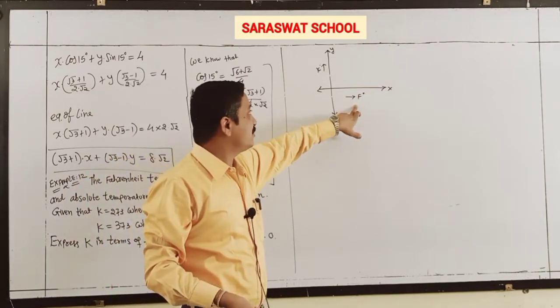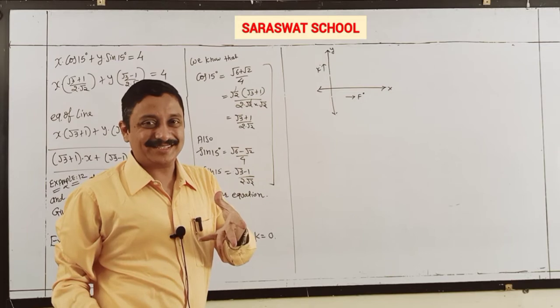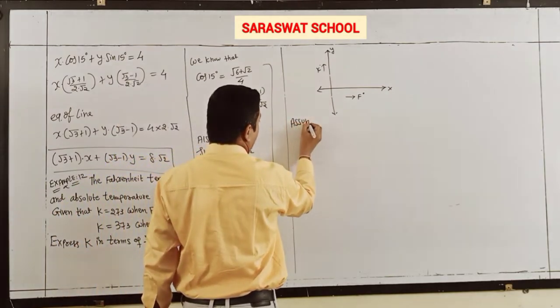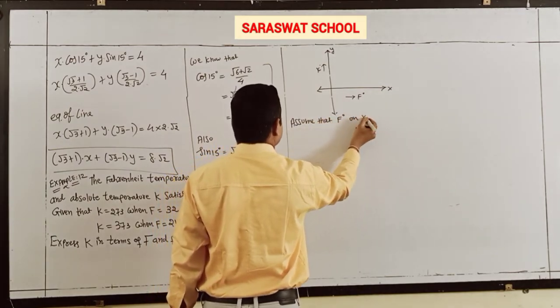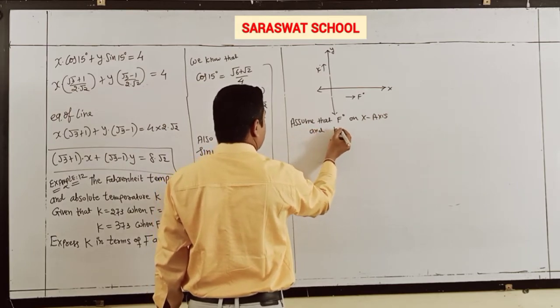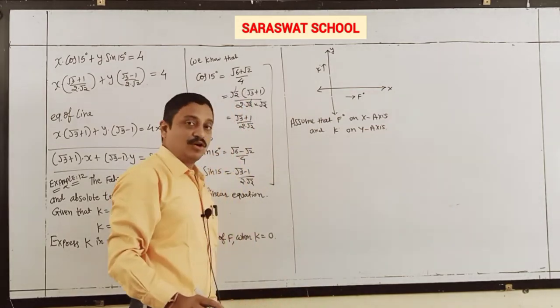This is the Fahrenheit temperature, and this is the K absolute temperature on the y-axis. So assume F temperature on the x-axis and K on the y-axis.